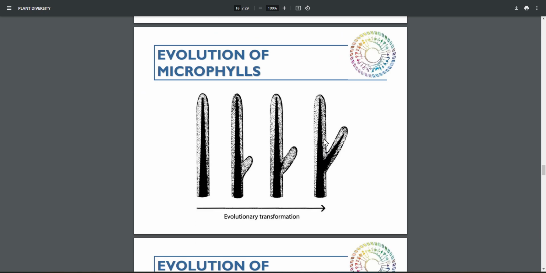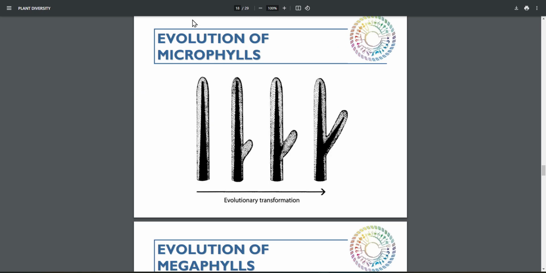That should be fine. Okay, a bit of an evolution on how the microphylls are formed. Originally, the plant, not sure if you can call it a plant back then, but wait, you have the vascular tissue, so yeah, plant. The plant had no arms or limbs, no leaf, and then a structure grew.